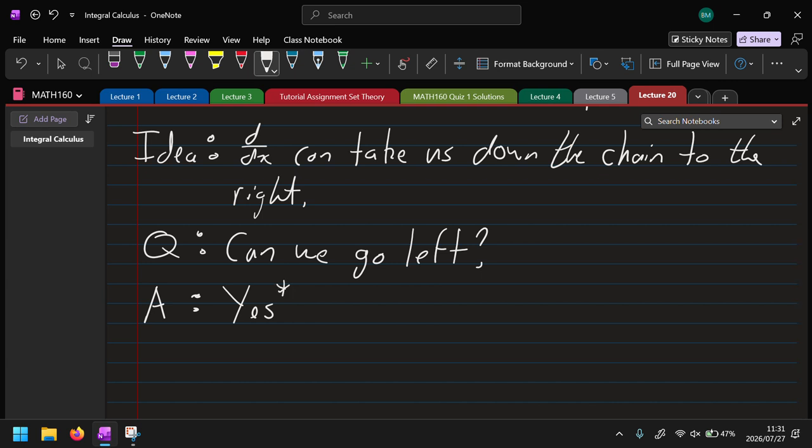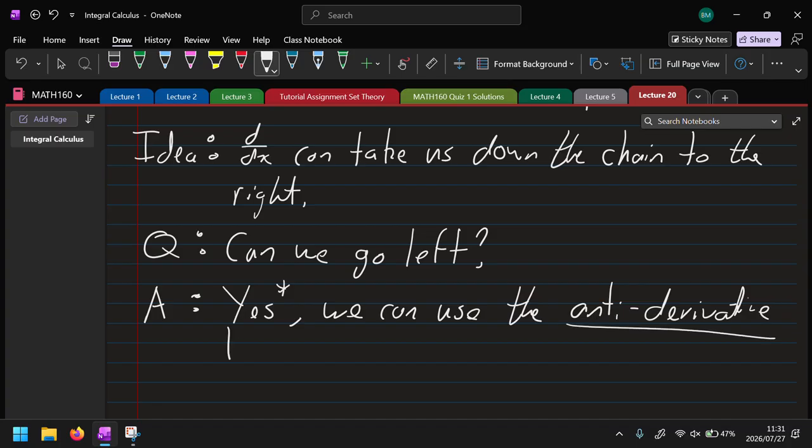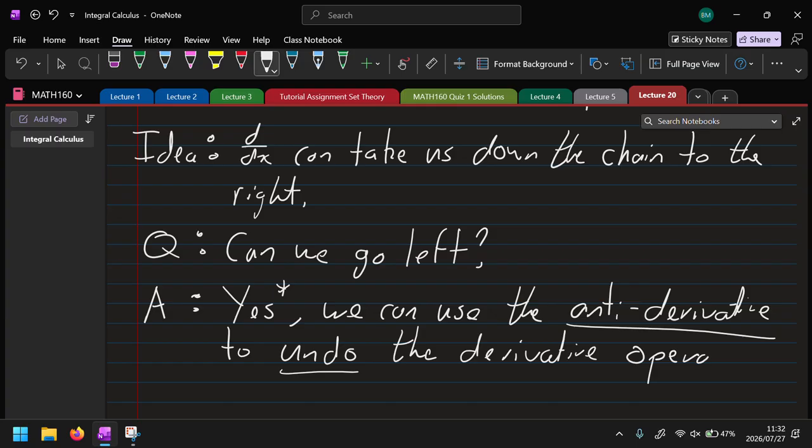We'll get to that later. We can use the antiderivative to undo the derivative operation, and there's a little star on yes.